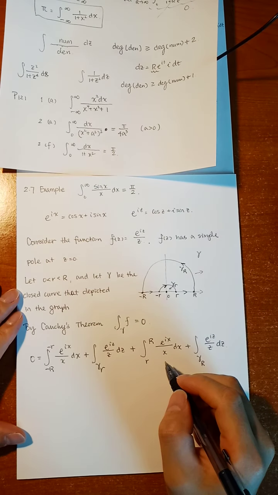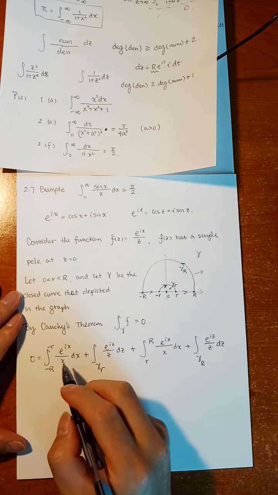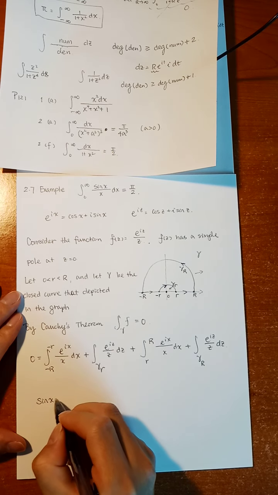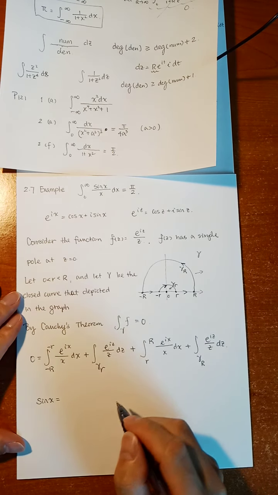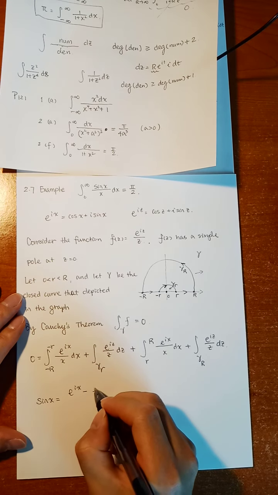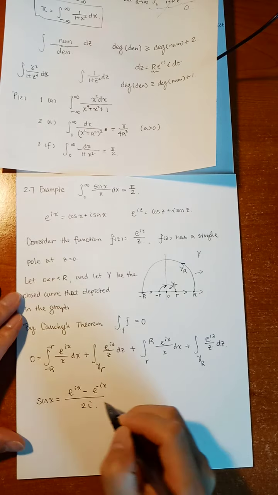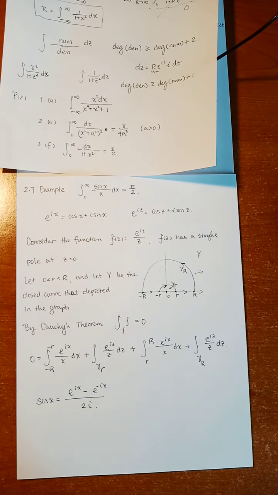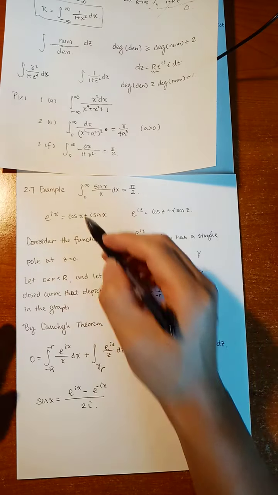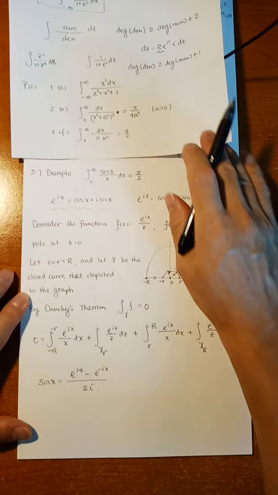With a simple modification, you will see that. Let's check sine x. What is sin x? Sin x is e^(ix) minus e^(-ix) over 2i, from the Euler identity.